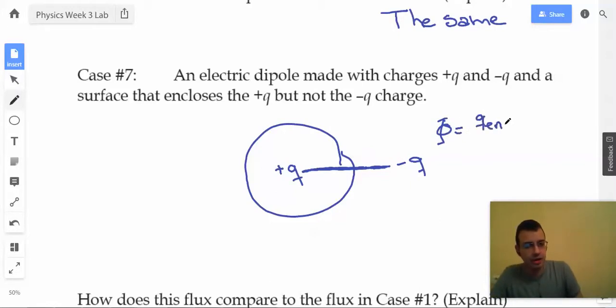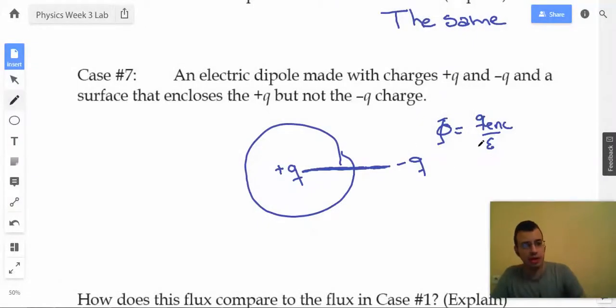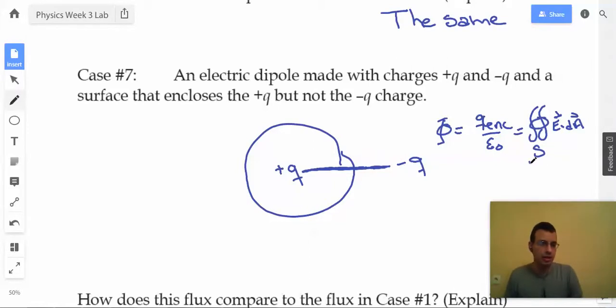Flux equals Q enclosed over epsilon naught equals the surface integral of E dot dA. So Q enclosed is positive Q, and epsilon naught is epsilon naught. Again, because of the negative Q, these aren't necessarily centered and it's not uniform, so it's going to be hard to do this integral, so we're not going to use it.